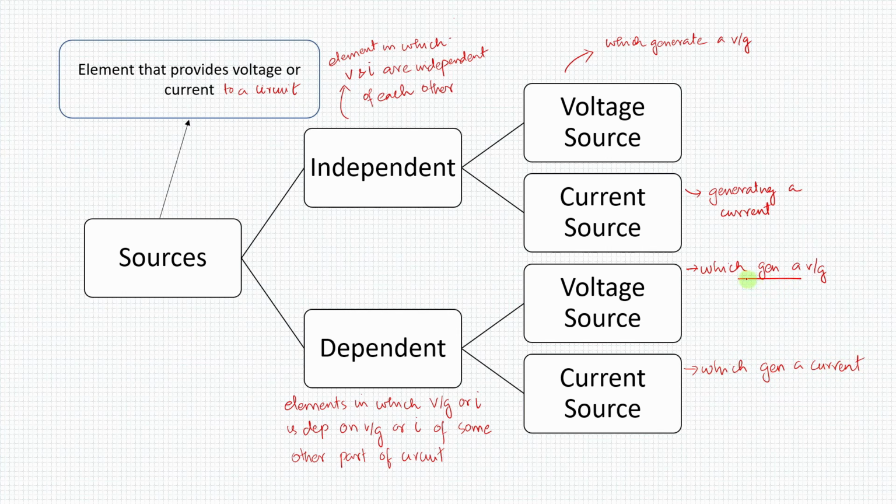However, this voltage, that is the voltage generated by a dependent voltage source, can be a function of either a voltage or the current in some other part of the circuit, right? Similarly, in a dependent current source, the current that is being generated can be a function of the voltage or current in some other part of the circuit.